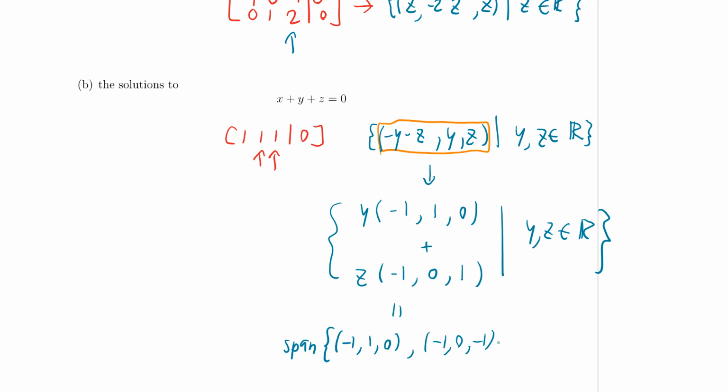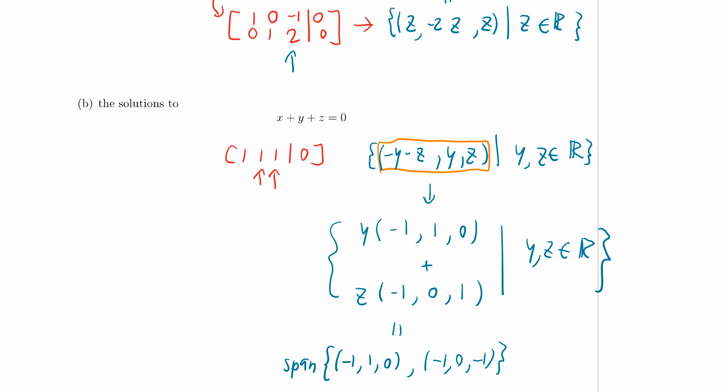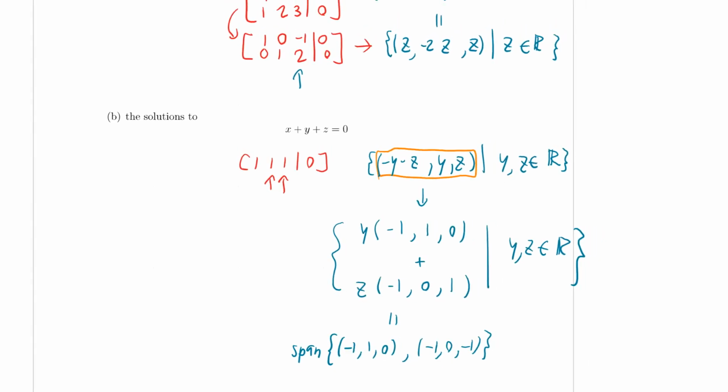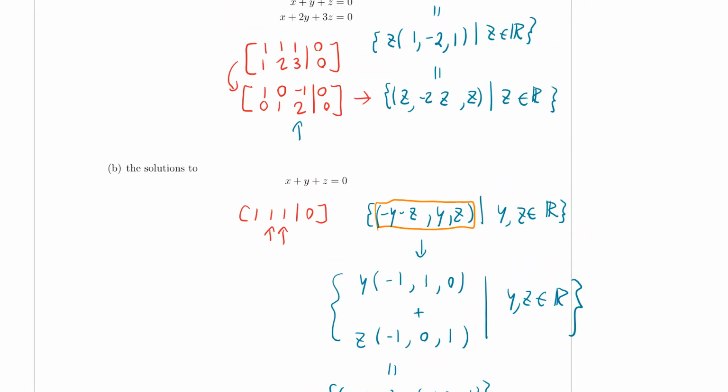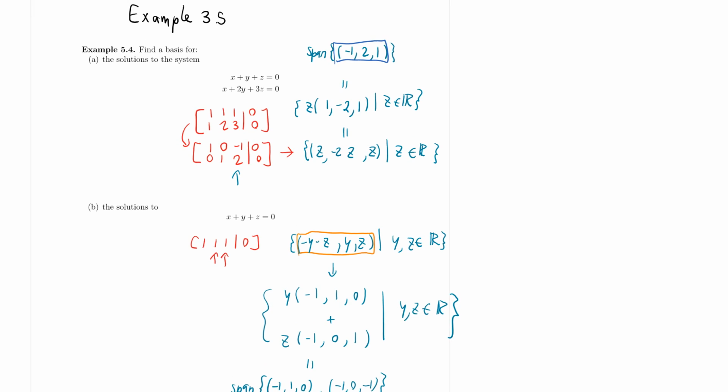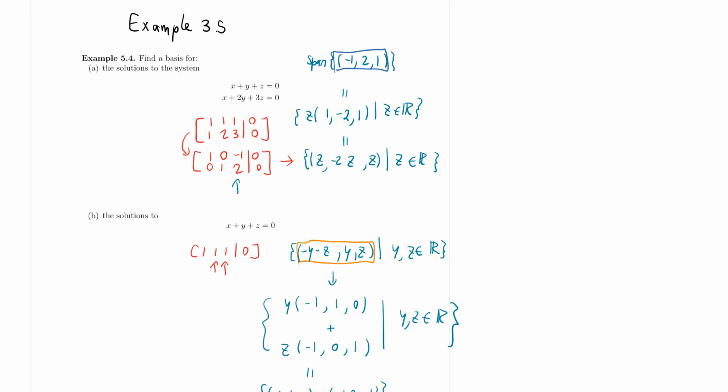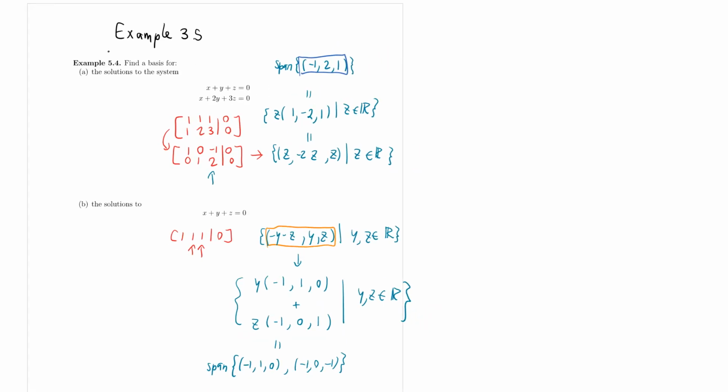Okay. So these two guys are the basis for the solution to this equation here. And as I told you earlier, these numbers are from example 3.5 that we saw earlier. So let me show you the geometric interpretation of all this as well.